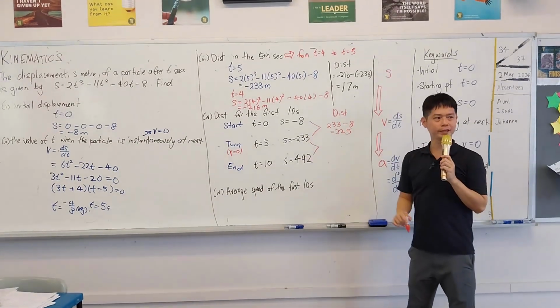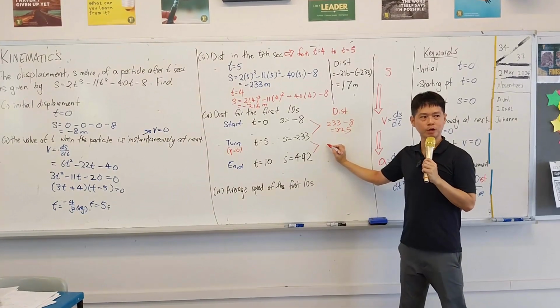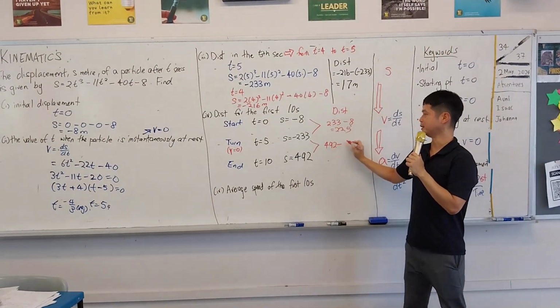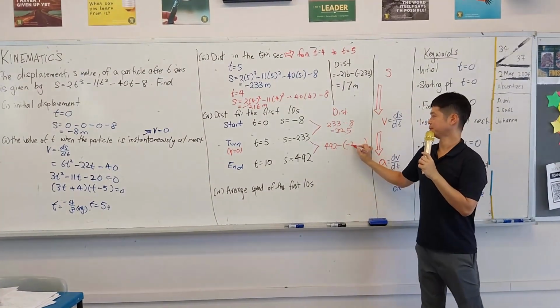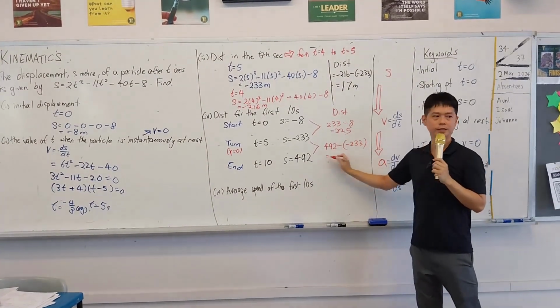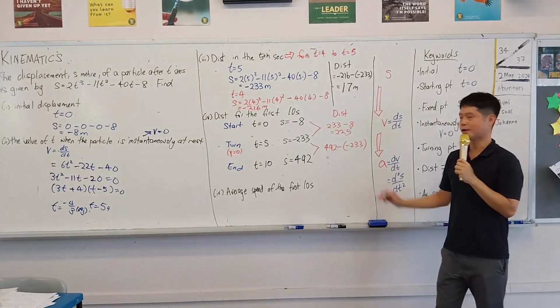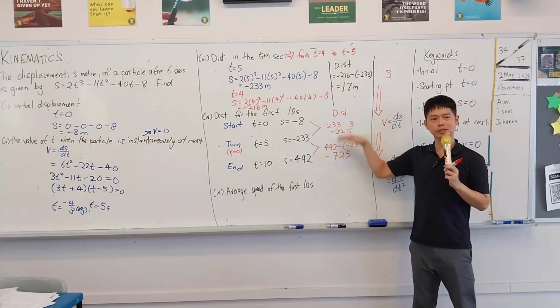Here, I use the big minus the small. Now you know why it's important to use big minus small? Because you'll be using 492 minus, yeah. And the distance is 725. So what's the total distance?